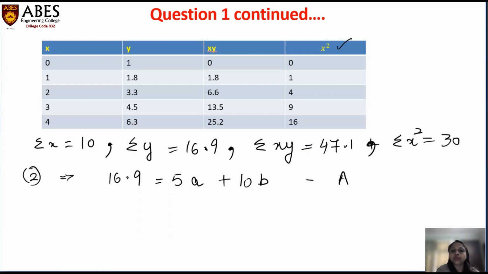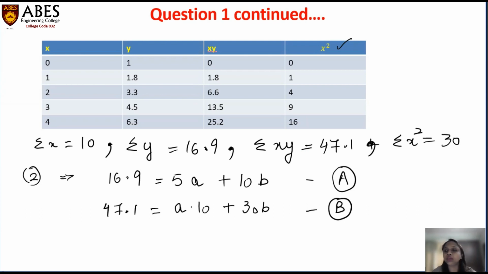Let us mark it as equation number A, capital A. Now from equation number 3, which is summation of xy, that is 47.1, a summation x and b summation x square. So I'm getting these two equations.